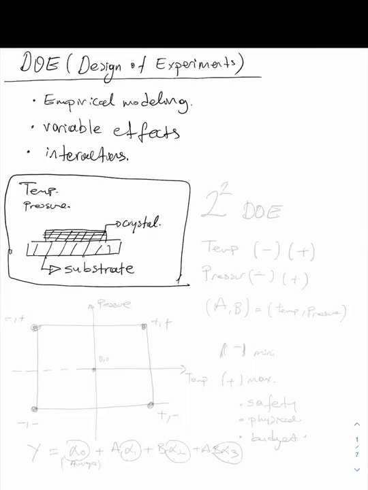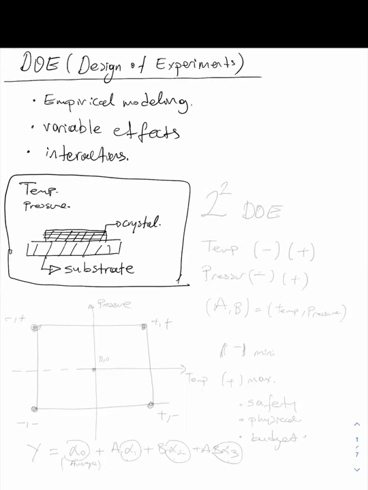And to do that, you measure the crystal growth under different pressures and temperatures, and based on that, you will come up with a physical or empirical model that will predict how these two variables are affecting crystal growth and how you can optimize these variables to achieve the growth that you like.